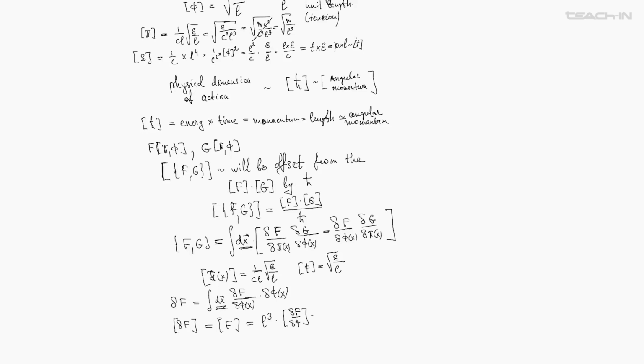So this means that I have the dimension of delta f over delta phi multiplied by L cubed by square root of energy divided by L.